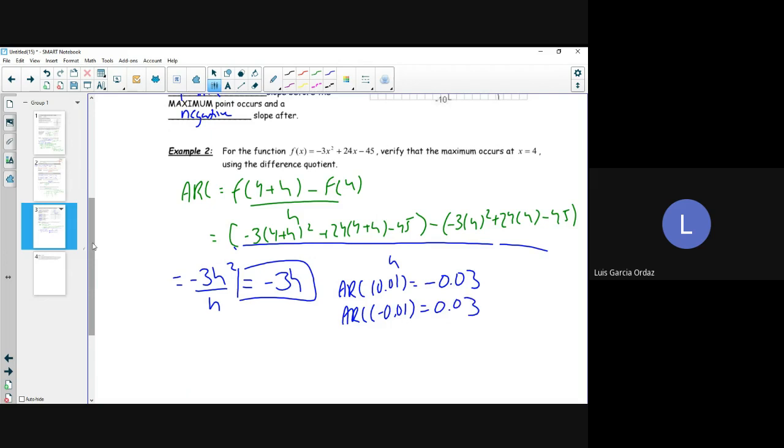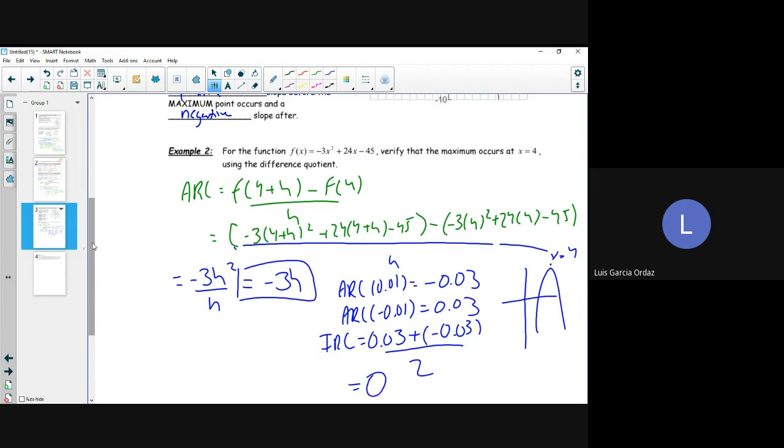So as you can see, this makes sense, okay? Because 0.01 is to the right of positive 4, it has to be negative because we want a maximum, and the point before 4, which is represented by negative 0.01, is positive, which means that our graph is going to have a max at x is equal to 4, which means that the instantaneous rate of change is 0.03 plus negative 0.03 divided by 2, which gives us 0.